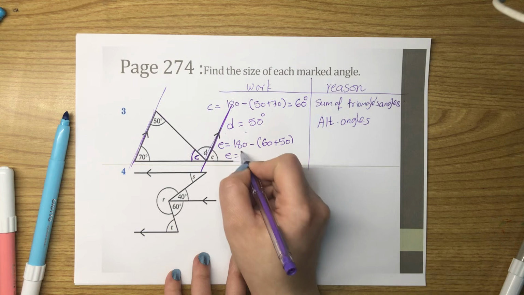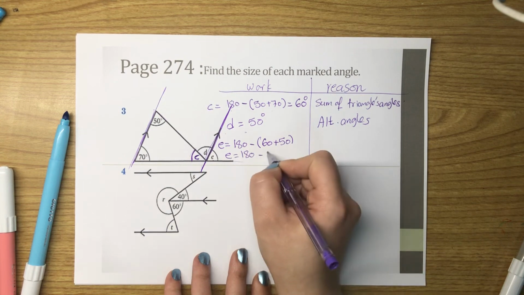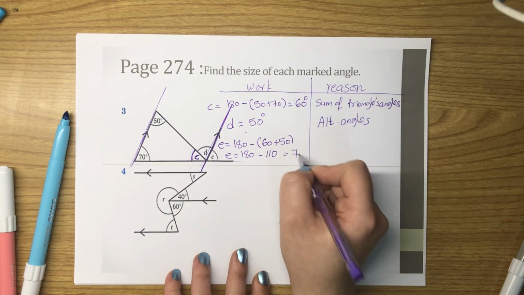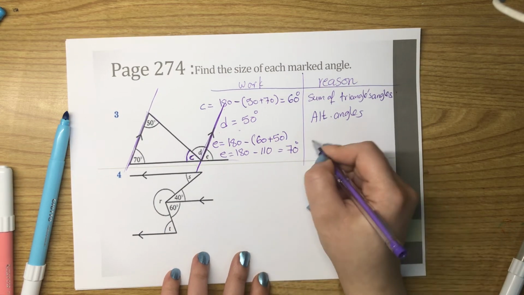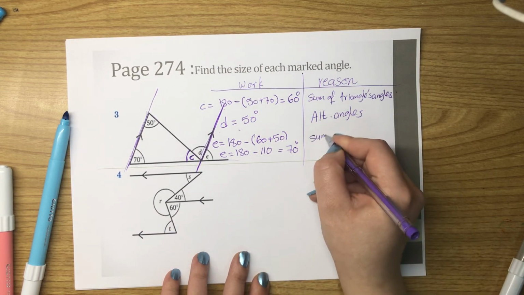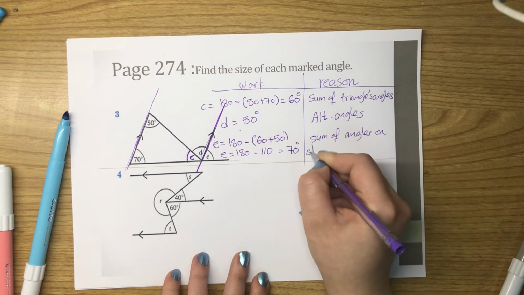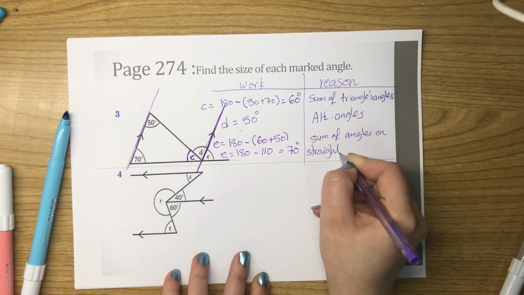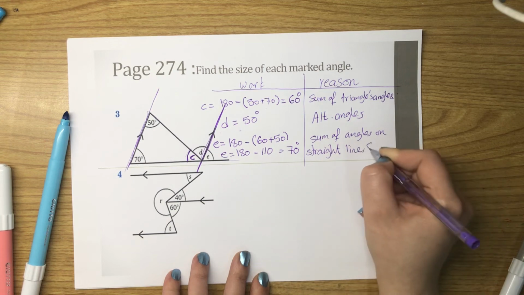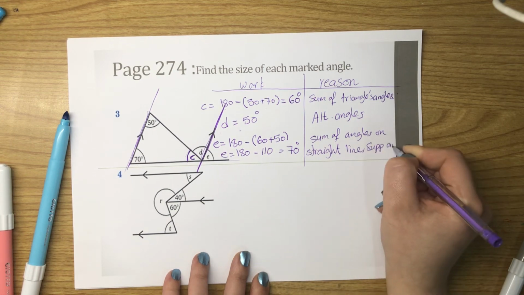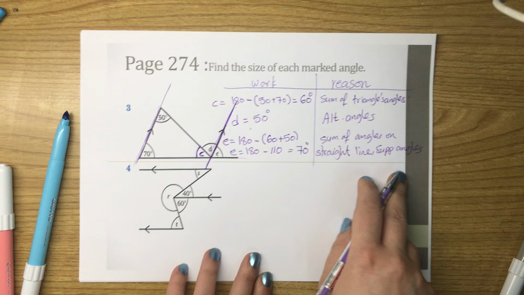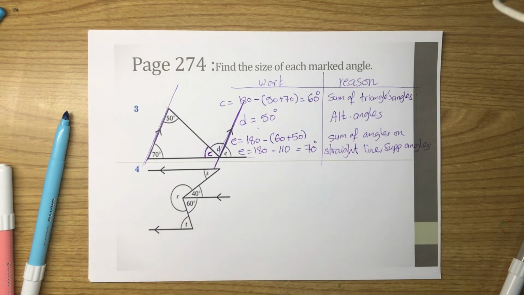Then E equals 180 take away 110, which equals 70. Why? Supplementary angles, or the sum of angles on a straight line. That means when you add these angles together, the sum is going to be 180.